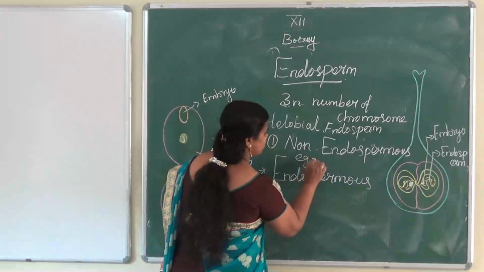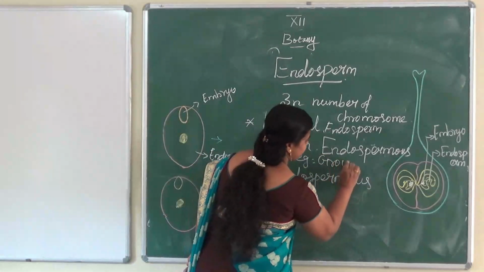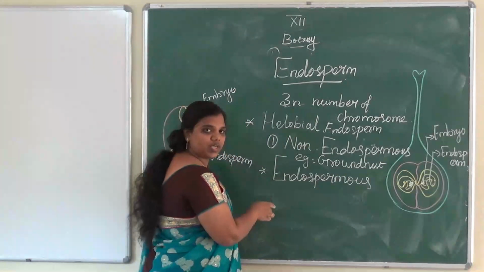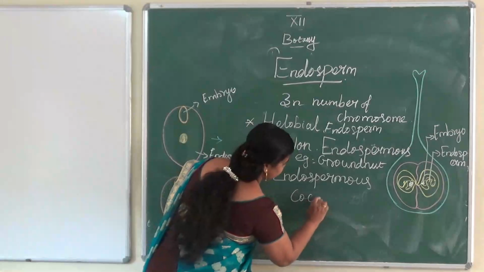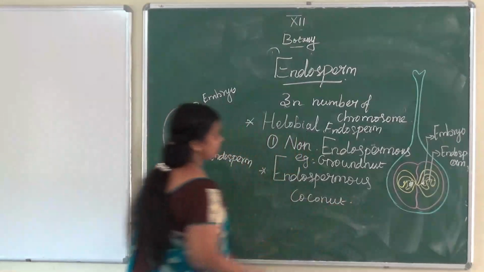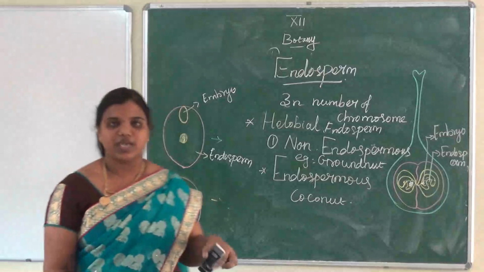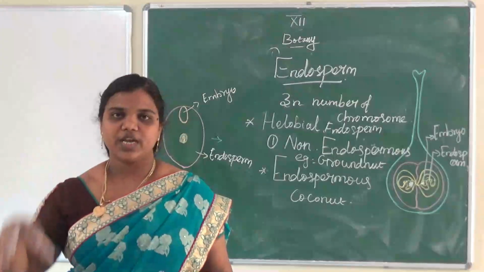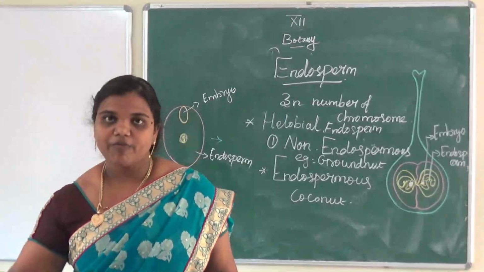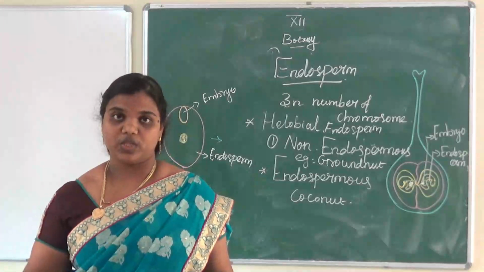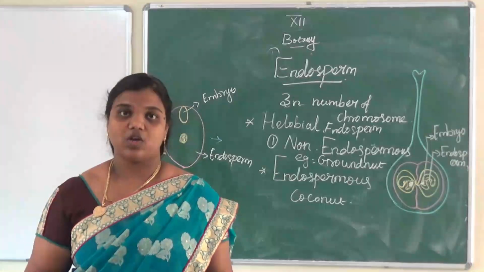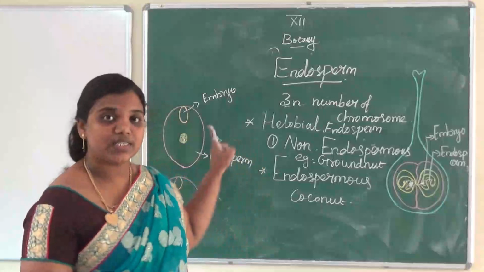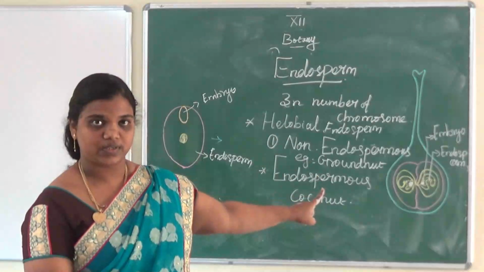Non-endospermous example, groundnut, and endospermous example, coconut. In non-endospermous seeds, the endosperm is utilized in the development of the embryo; it is completely consumed by the developing embryo. That is non-endospermous.